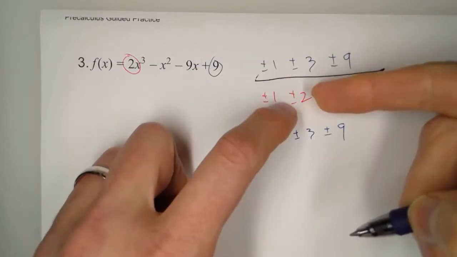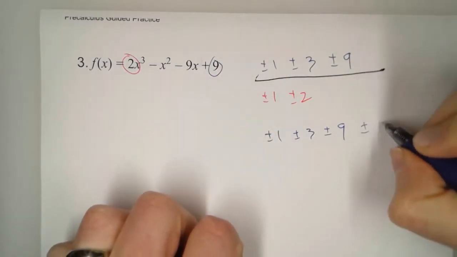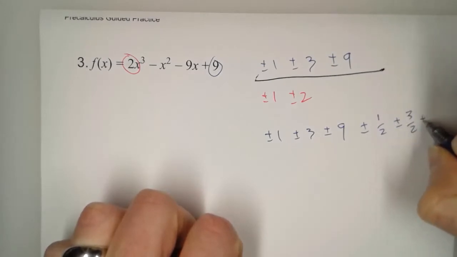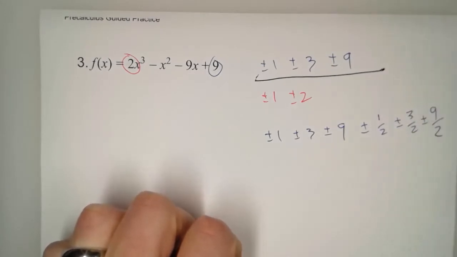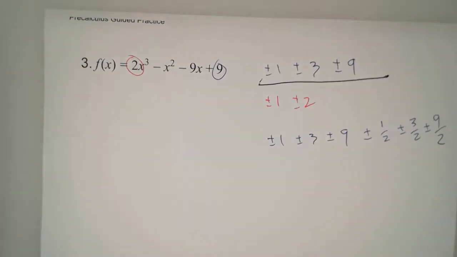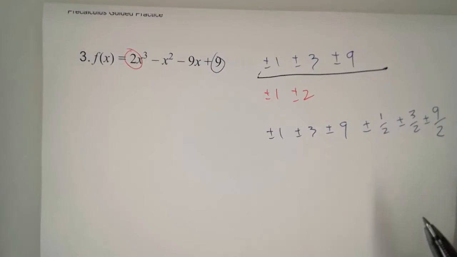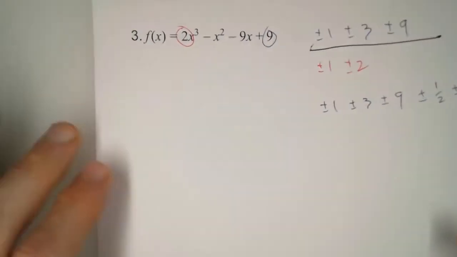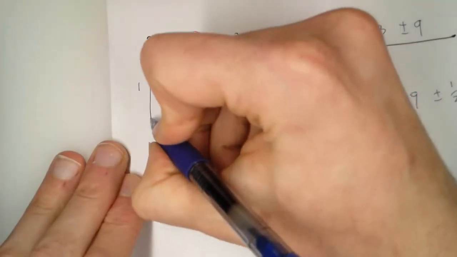Then if I take all these numbers and divide by 2, then I get plus or minus 1/2, plus or minus 3/2, plus or minus 9/2. So we got quite a list here. Got 12 possibilities. And let's see, let's start with 1 again.